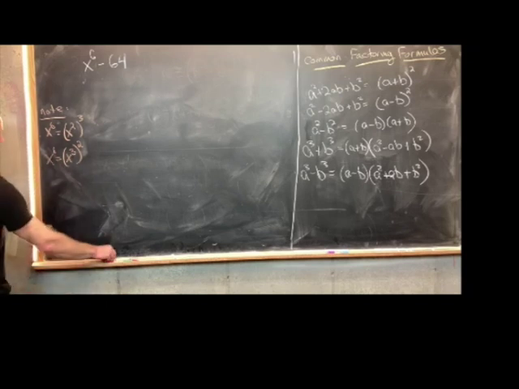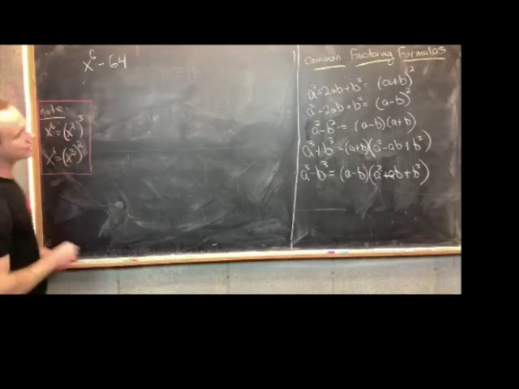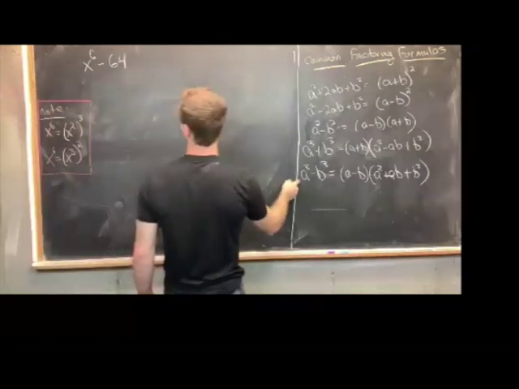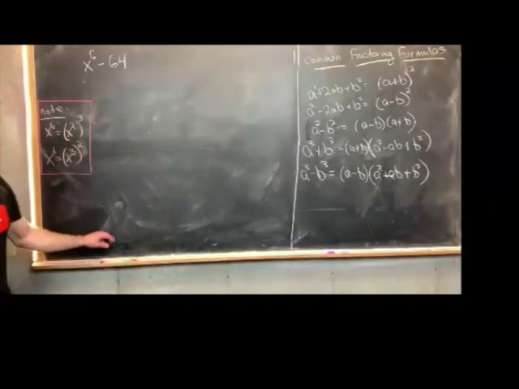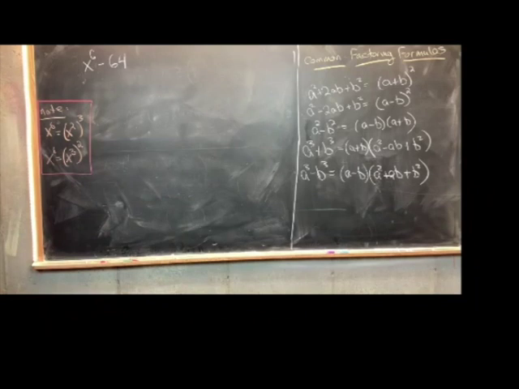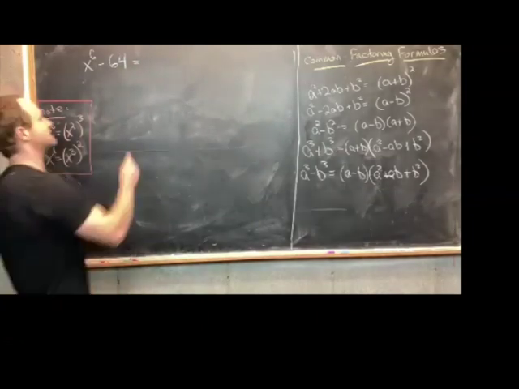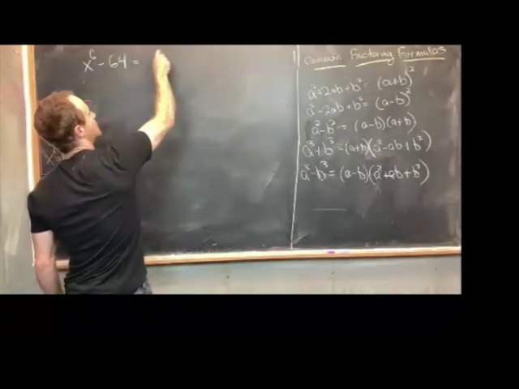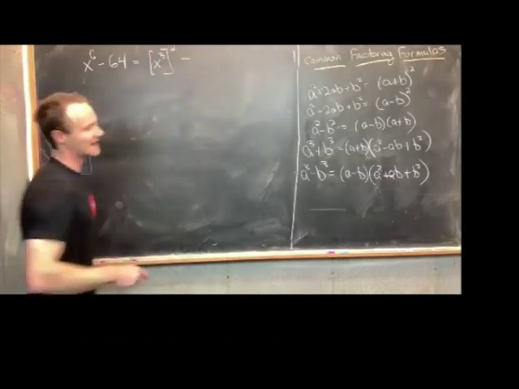So that means we could potentially use either of these, this difference of cubes or the difference of squares. And you can actually do this both ways and you get the same answer. So maybe let's use the difference of squares. I think it's a little bit easier. So what I want to do is first rewrite this as x cubed, the whole thing squared, minus.